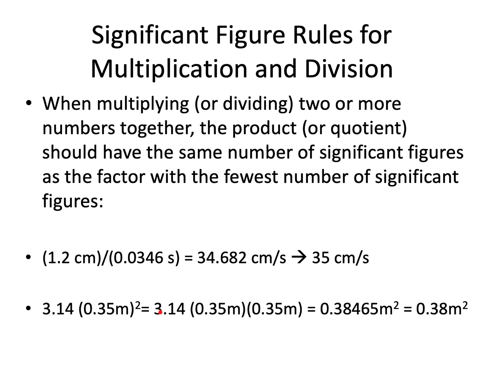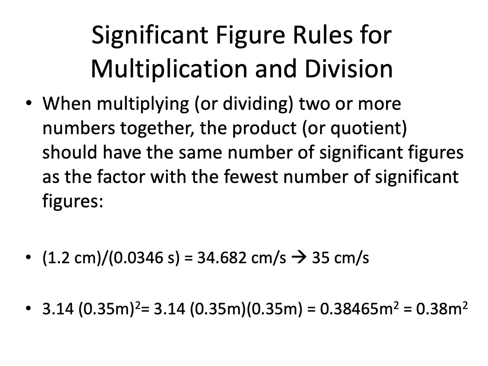Now, this 3.14, that's actually 3.141592654, and a whole bunch of other numbers. In fact, there are infinitely many digits in pi, and so pi has infinite significant figures. It's never going to affect your final calculation.